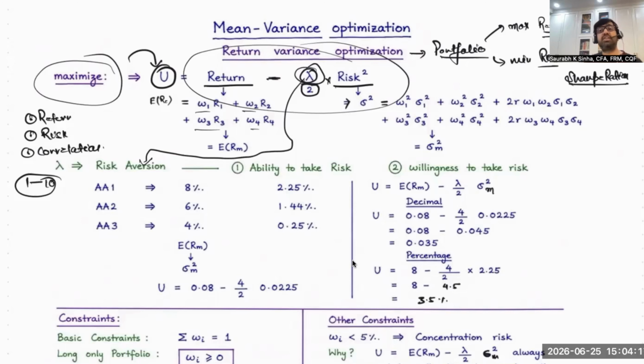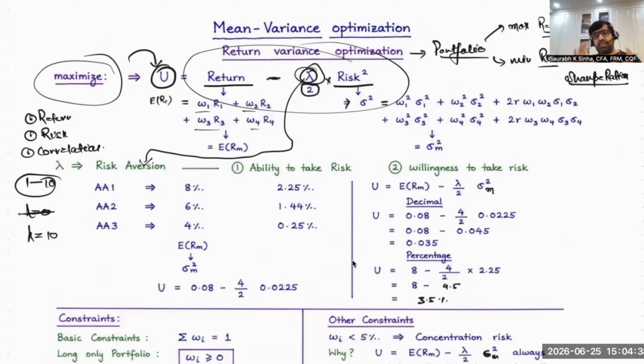If the person is risk neutral, he doesn't care about risk, the lambda will be equal to 0. If the person is too risk averse, the lambda would be 10. Definitely the person who is risk neutral is not a rational investor, so we'll not talk about lambda equal to 0.